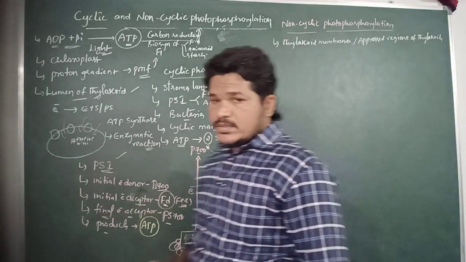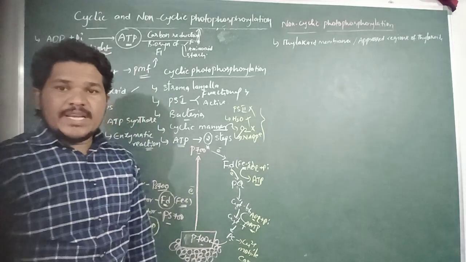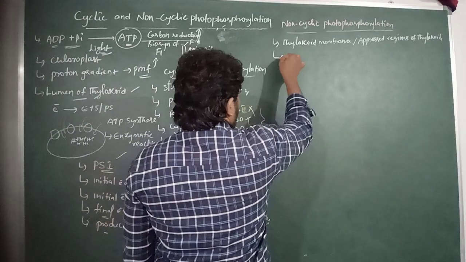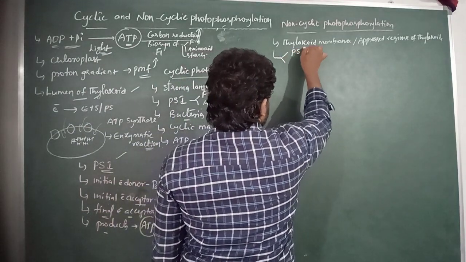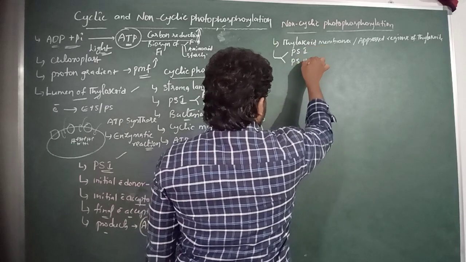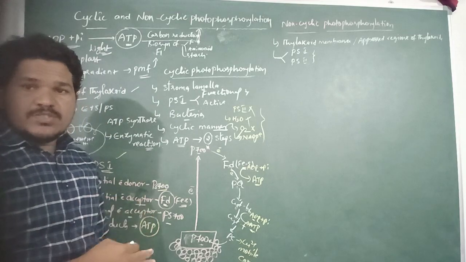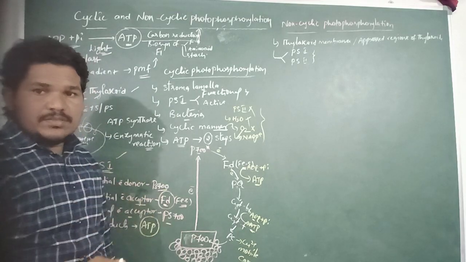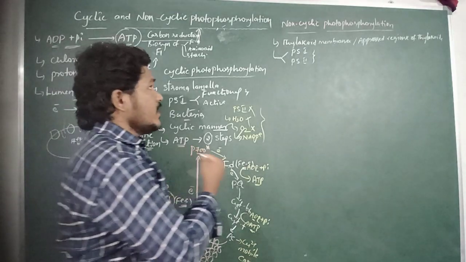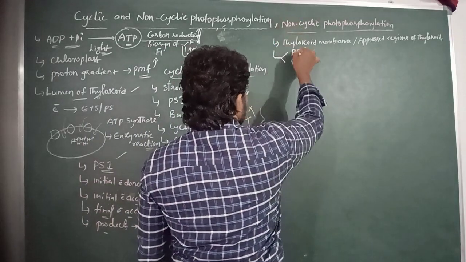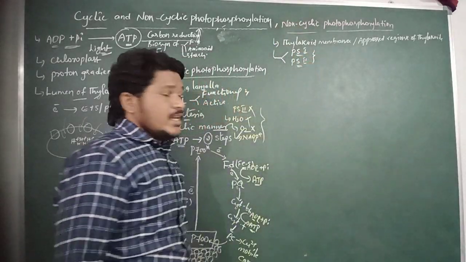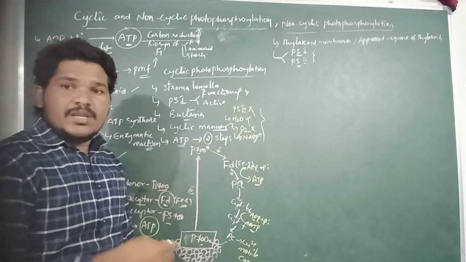In the non-cyclic photophosphorylation reaction, there is involvement of the 2 photosystems, photosystem 1 and photosystem 2. Both photosystems are functionally active, PS1 and PS2.